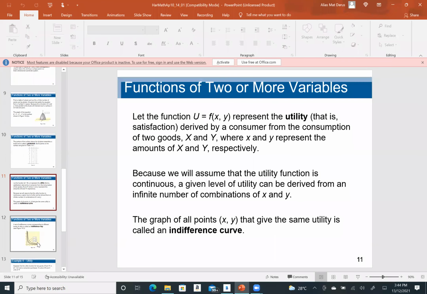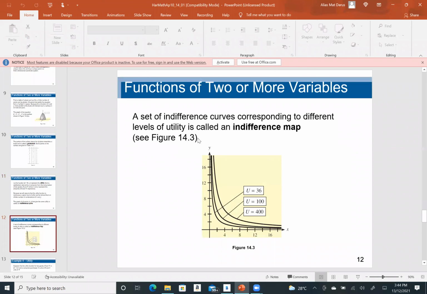So you will see the indifference curve will look something like this. We draw it on a graph of x, y. So the indifference curve will look like this from the type of function that we have. So that is utility.